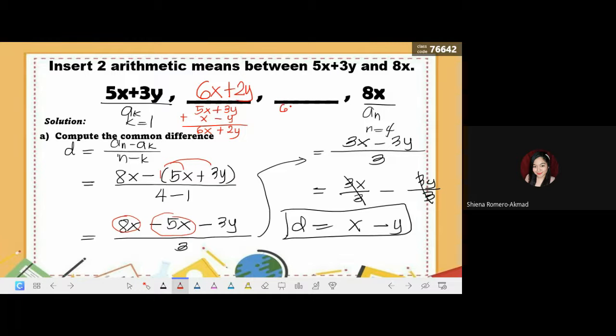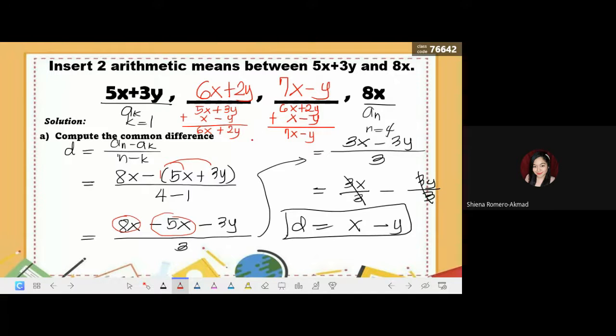Next is 6x plus 2y. Add natin ulit yung difference na x minus y, x minus y. 6x plus x is 7x. 2 minus 1 is 1y or y only. Kaya naging 7x plus y.